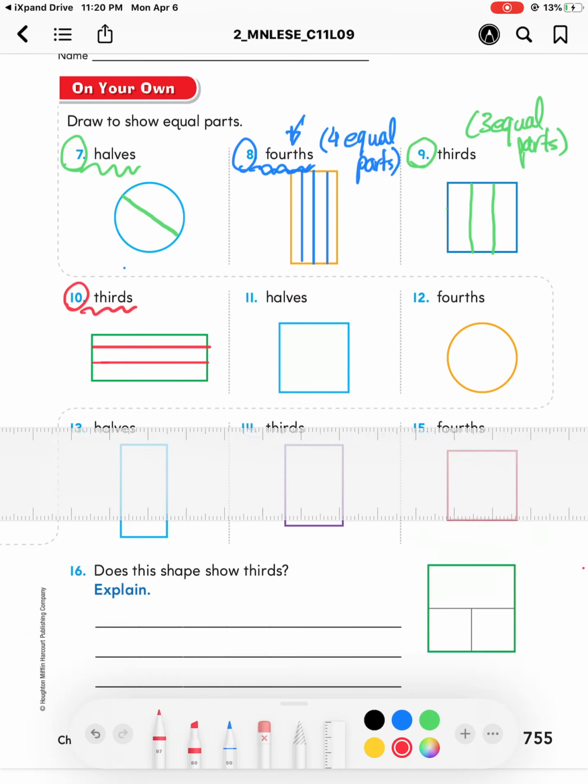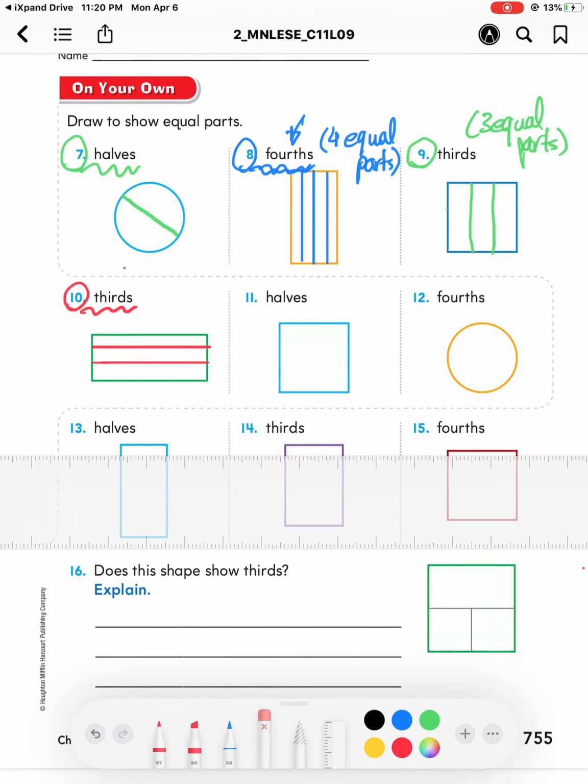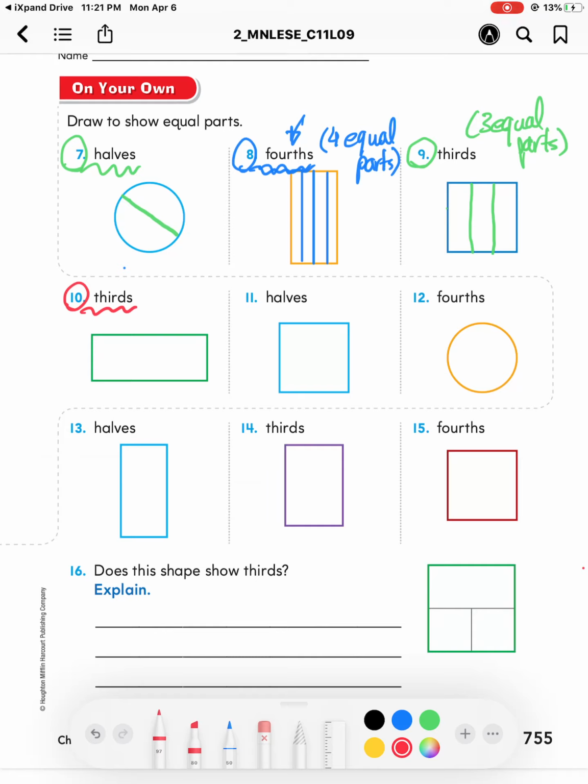I divided it into 3 equal parts like this. It is also accepted if you draw it into 3 equal parts, okay? So the most important thing for me is to have 3 equal parts, okay?